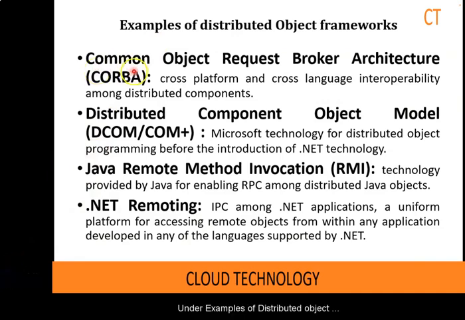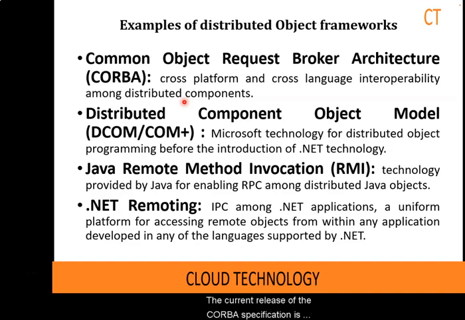Under the examples of distributed object frameworks, the first example is Common Object Request Broker Architecture, CORBA, a cross-platform and cross-language interoperability standard among distributed components. CORBA is a specification introduced by the Object Management Group (OMG) for providing cross-platform and cross-language interoperability among distributed components. The specification was originally designed to provide an interoperation standard that could be effectively used at the industry level.